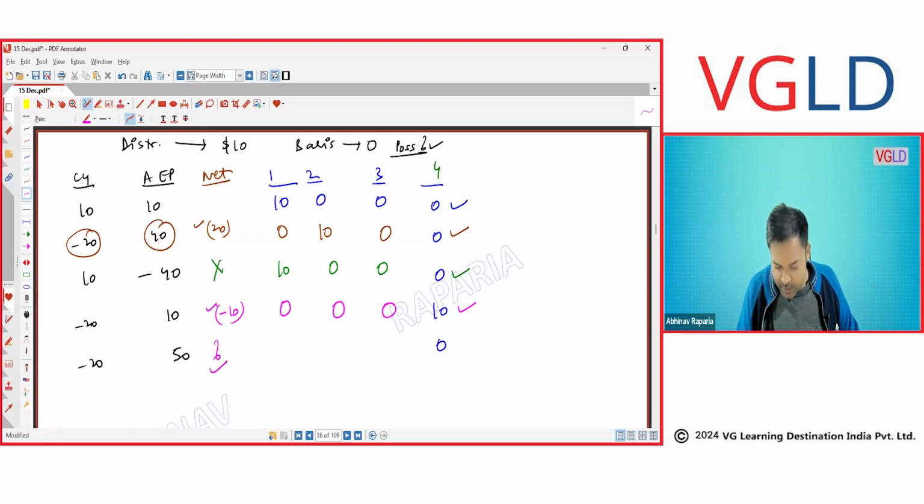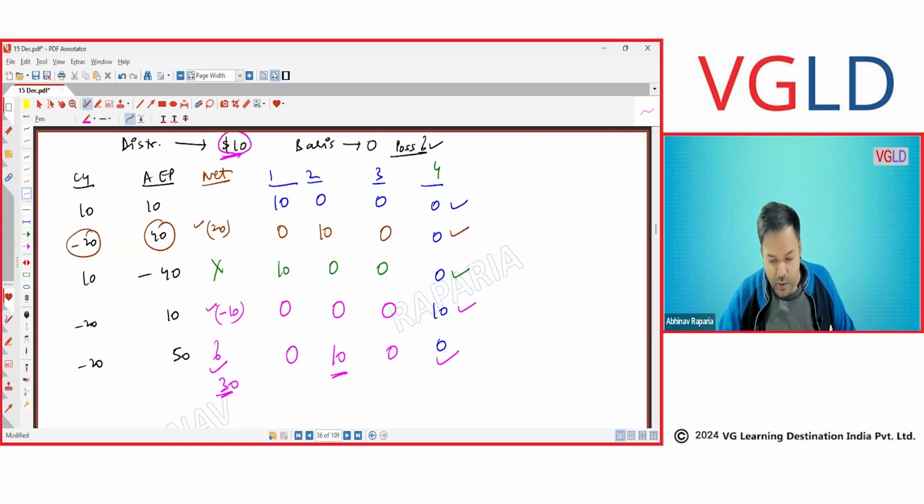Yes. How much is this? 30. So how much is this? 0, and 10, 0. See, correct, correct. Shalini, distribution amount is only 10. It does not matter what is this. Distribution amount is only 10. So that's why it is adjusted here. Okay. I hope it is okay, people. All good.